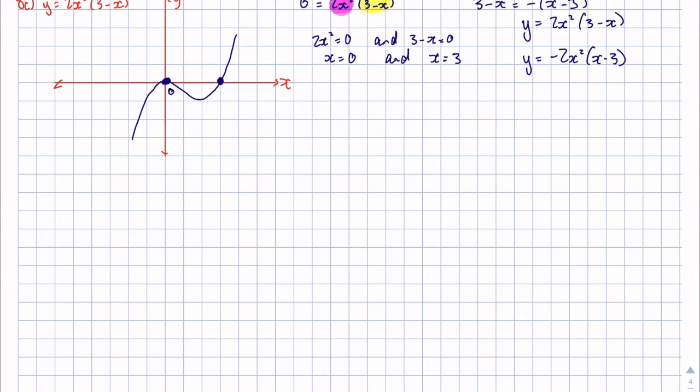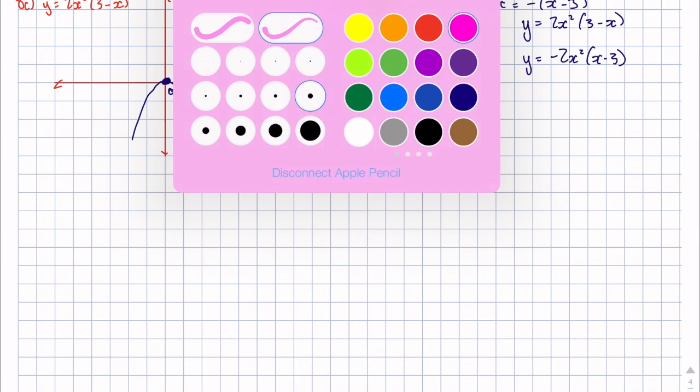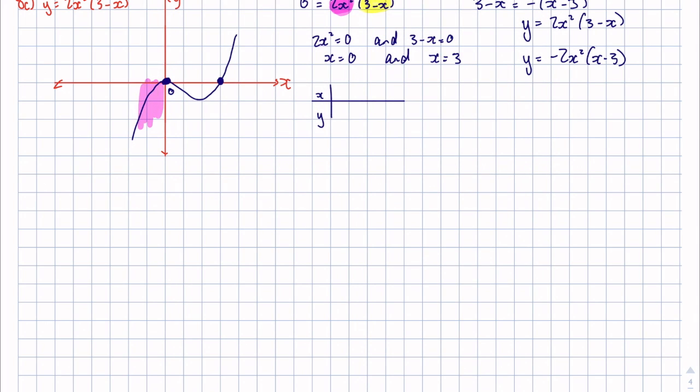So we want something, x and y. We want something, I'll do these in pink, less than the lowest 0 and more than the highest 0. So less than 0, negative 1, more than 3, 4. Let's actually figure this out.